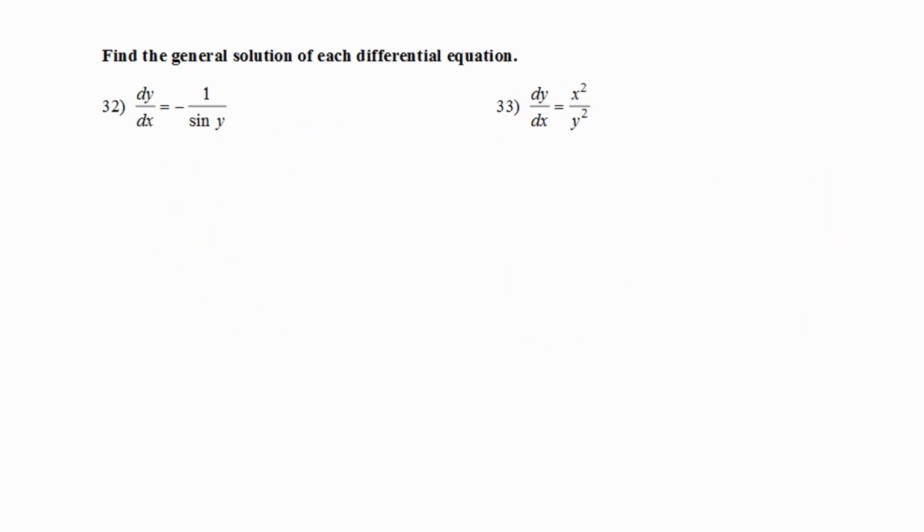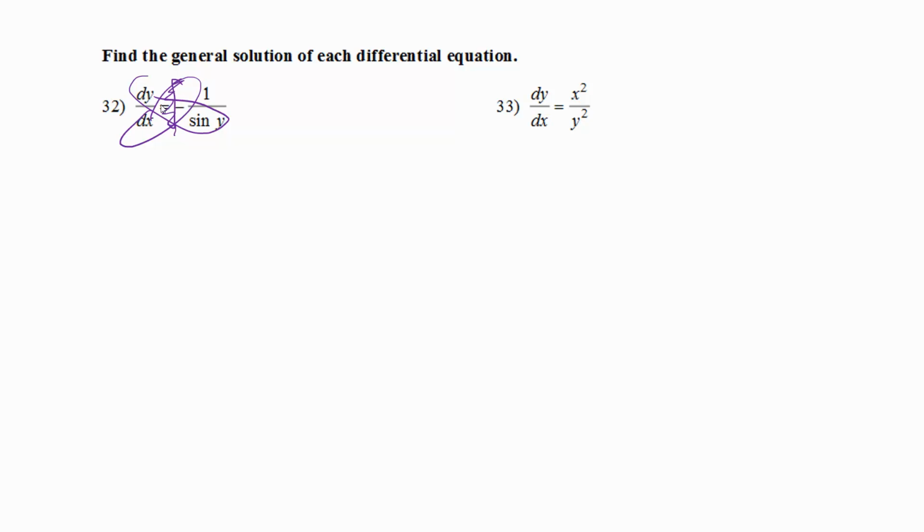We've got some more differential equations to solve. Now these are trickier and a little bit longer, and that's because we don't off the top of our head know what the integral of -1 over sine y is, and so we are going to cross multiply to start this off.